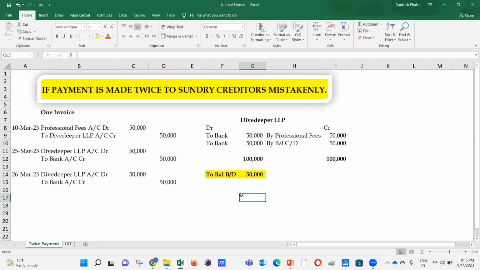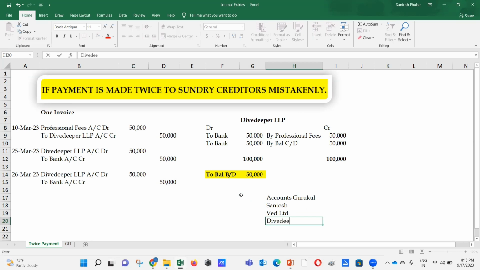That's the question. And you have other sundry creditors as well: Accounts Gurukul, Santosh, and another one, With Limited, and this is your Dayu Deeper LLP as well.